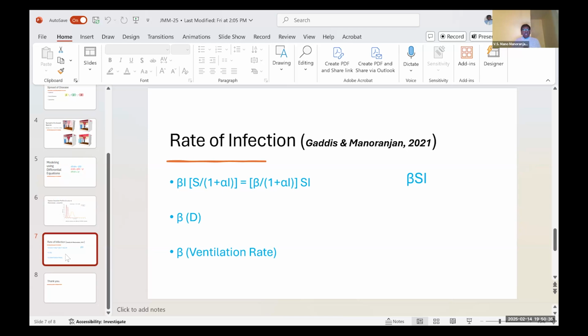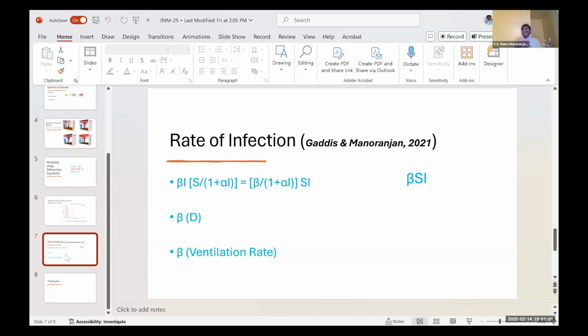That's D, a function of the transmission rate beta. Depending on the behavior, the social distancing can change in time. So you have a fourth variable, D, which can change in time.